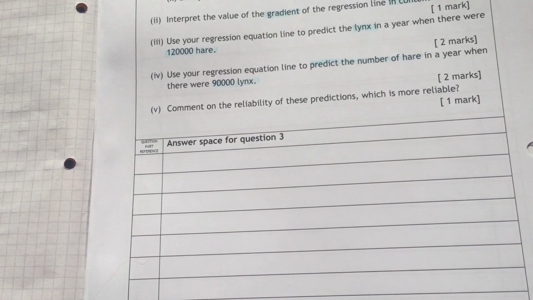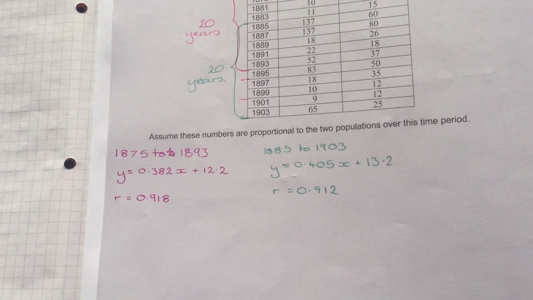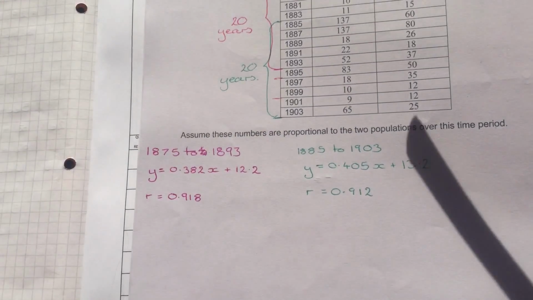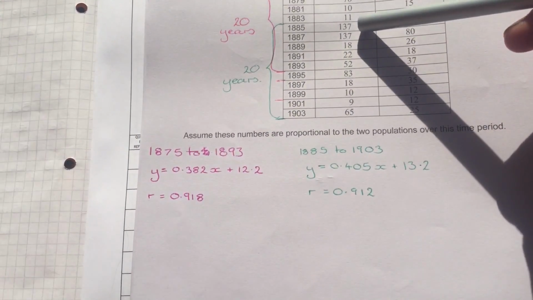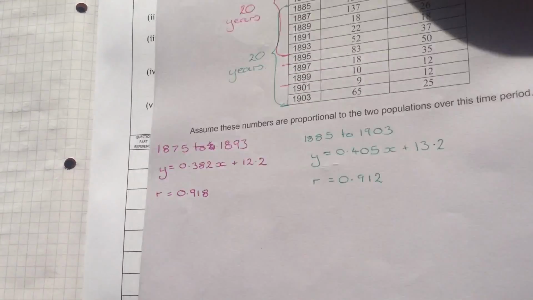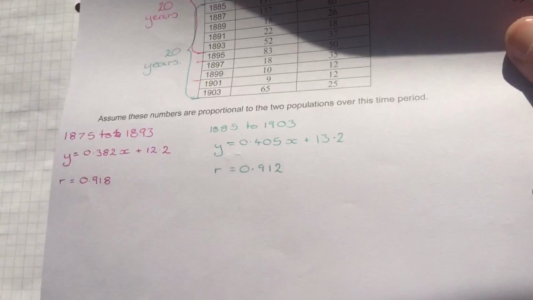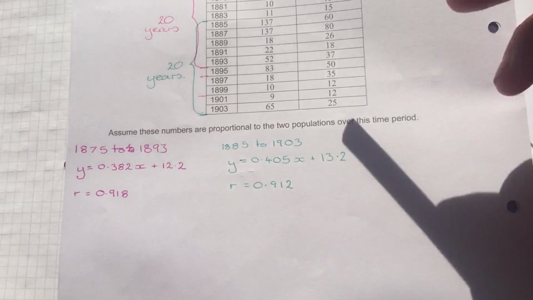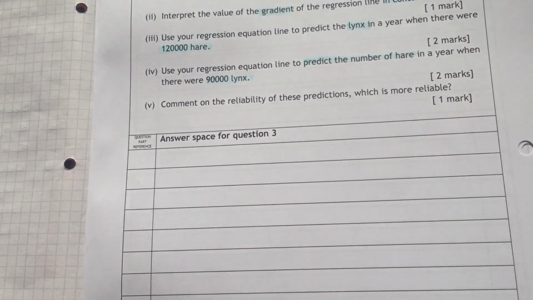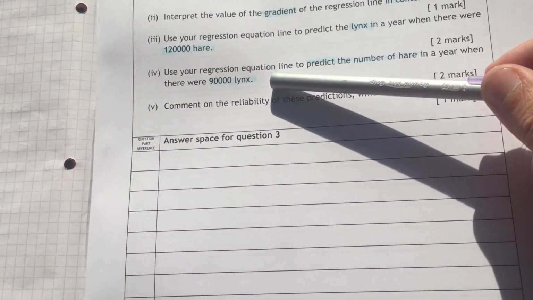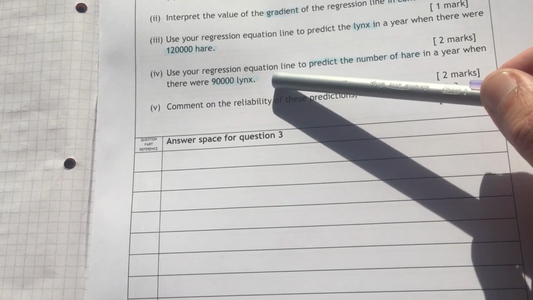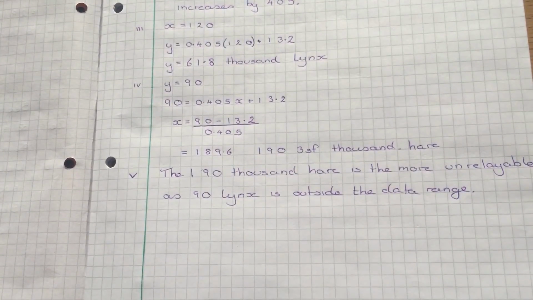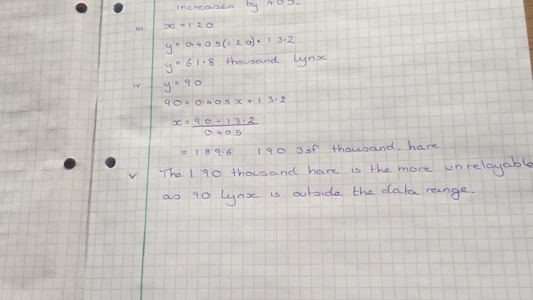So if we look at our data set, then for our hares we were asked about 120,000, and this one goes up to 137, so that one's fine. And we were asked about 90,000 lynx, but this only goes up to 80. So it's going to be our 90,000 lynx that are less reliable because this is outside of our data set. So it's outside of our data range.